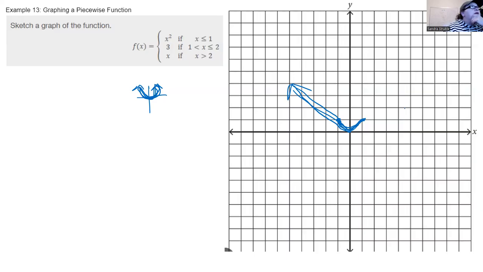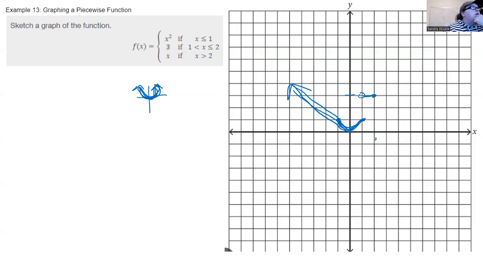The second piece is y equals 3, which is a horizontal line at 3. So 1, 2, 3, but it's only from 1 to 2. If this is 1 and this is 2, 1's not included, but 2 is. So it's just that.